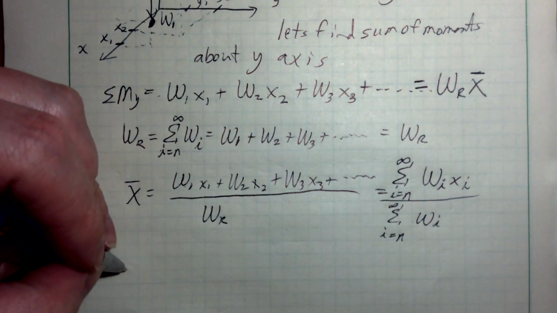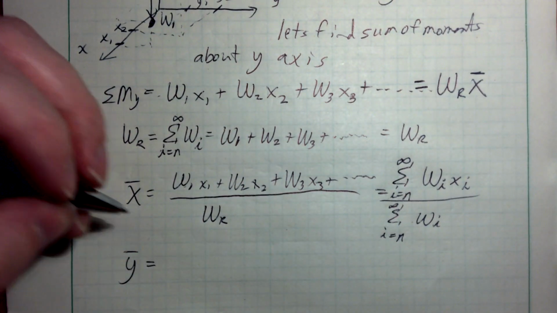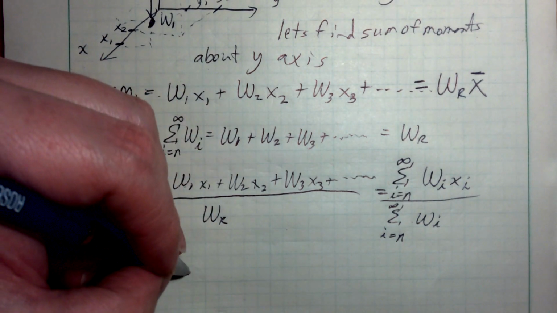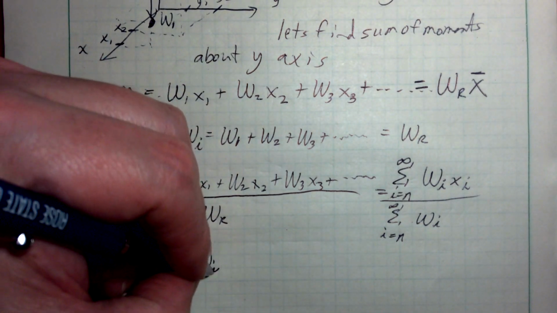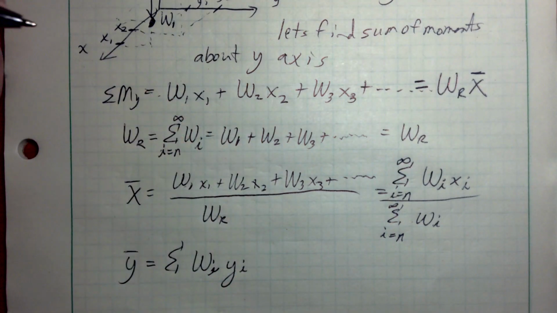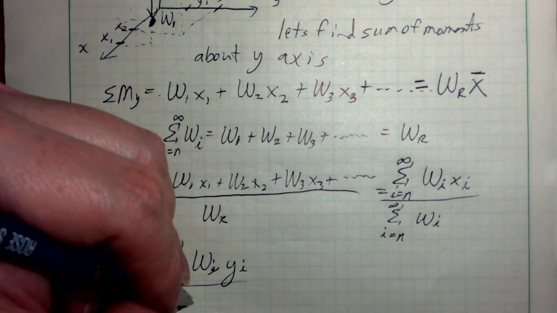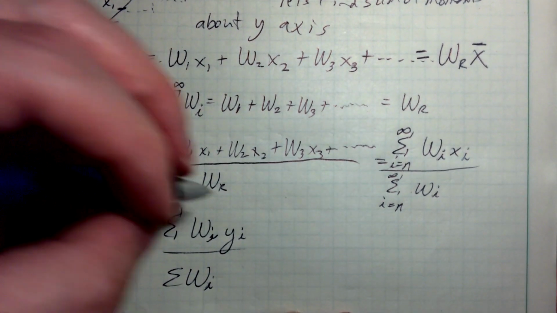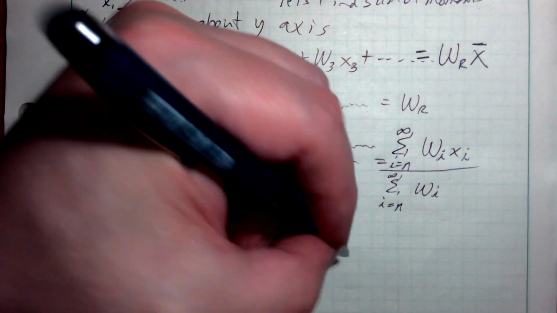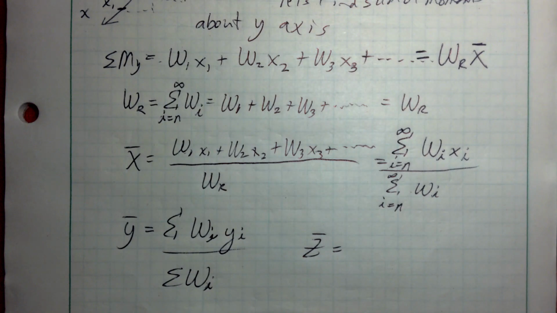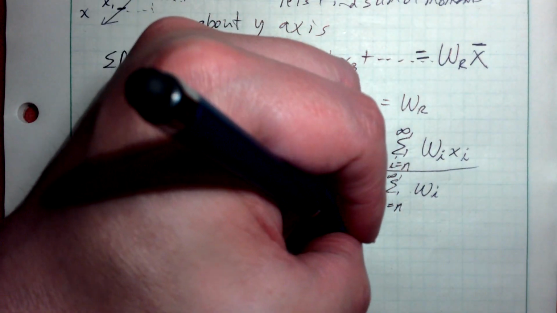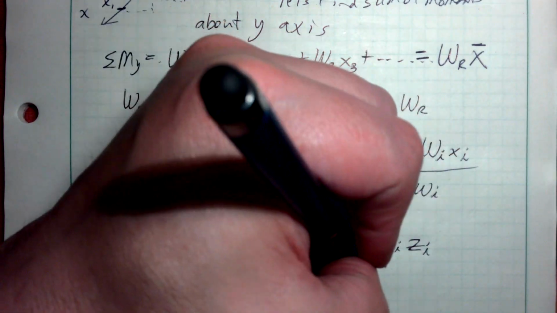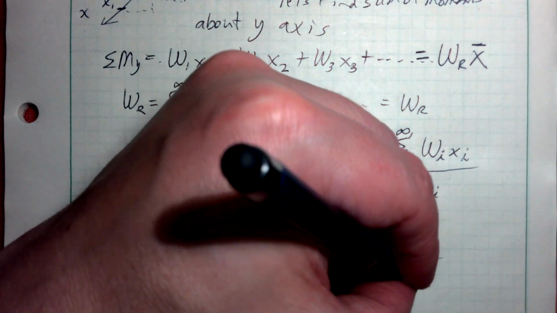Similarly, I could find the y location for all these weights. The way I would find the y location is I would sum up all of the individual weights multiplied by their individual y location, divided by the sum of all the individual weights, or the resultant weight if you like. And the same thing for the z bar. The z location where I would place this center of gravity would be the sum of all of the individual weights times their z location, divided by the sum of all of their individual weights.